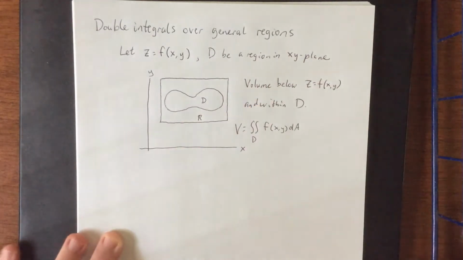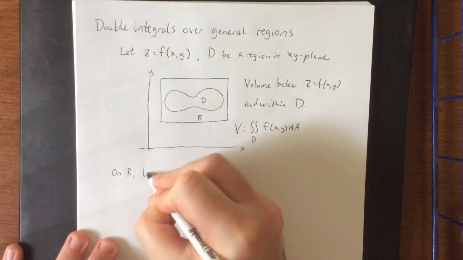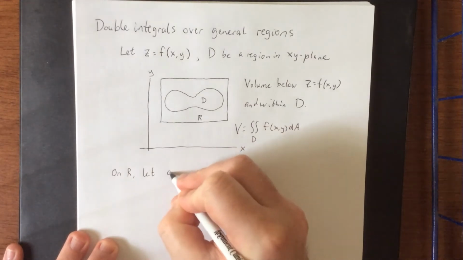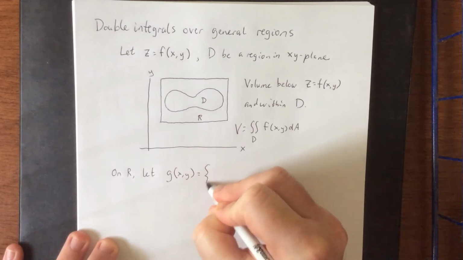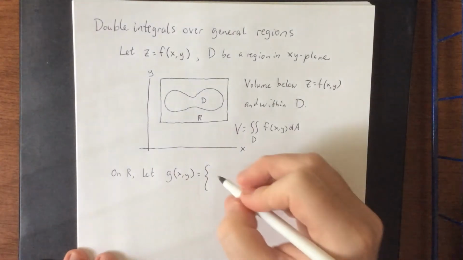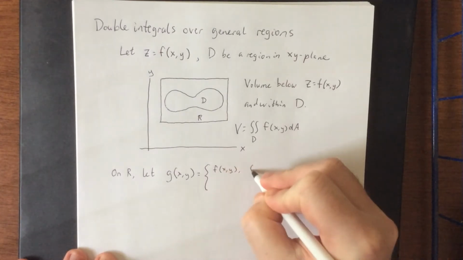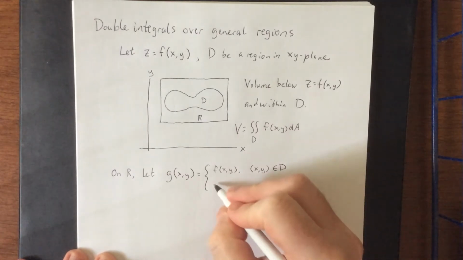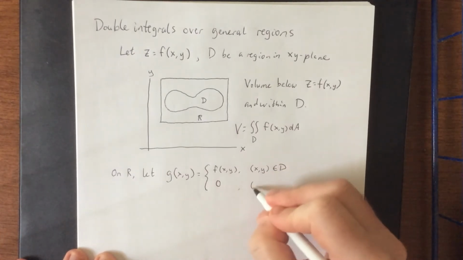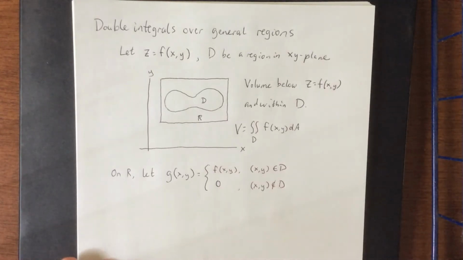We can define this rectangle R, and then on the rectangle R, we are going to let g of x y be defined piecewise. And we will define it thusly. It's going to be equal to f of x y in the event that x y is within the region D, and it's going to be equal to 0 if the ordered pair x y is not in the region D.